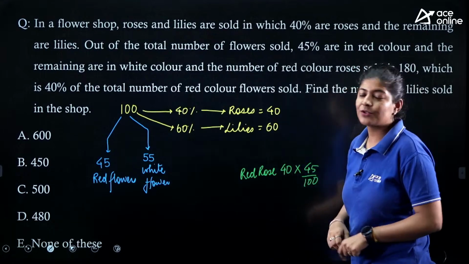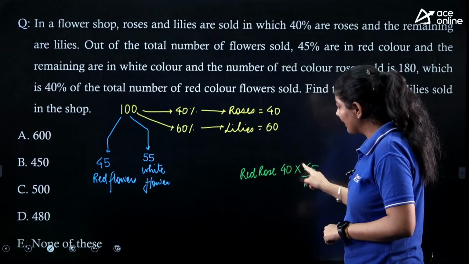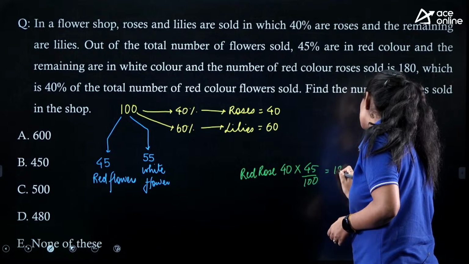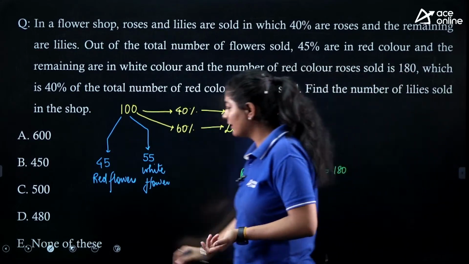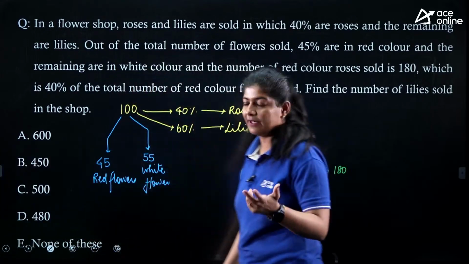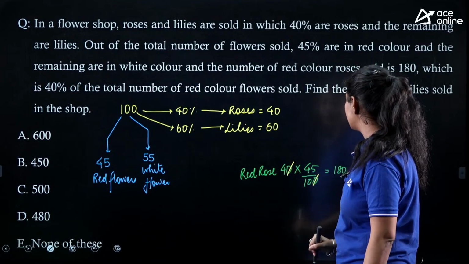According to the question, the number of red roses that we sold is 180. This value should be equal to 180. So from this we can easily calculate the variable in which these flowers are available. This 0 and this 0 are eliminated.